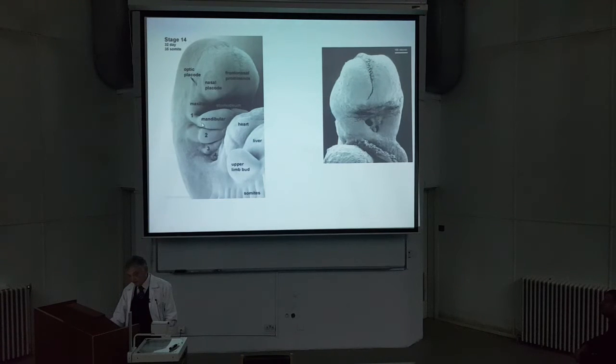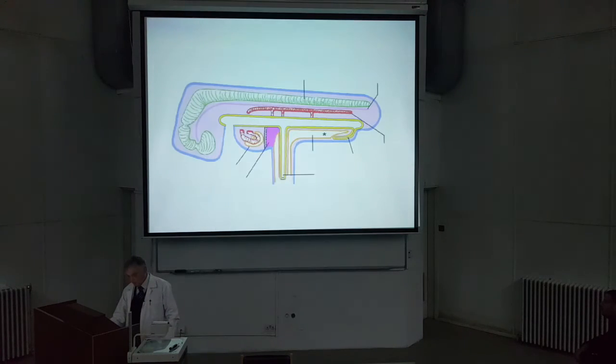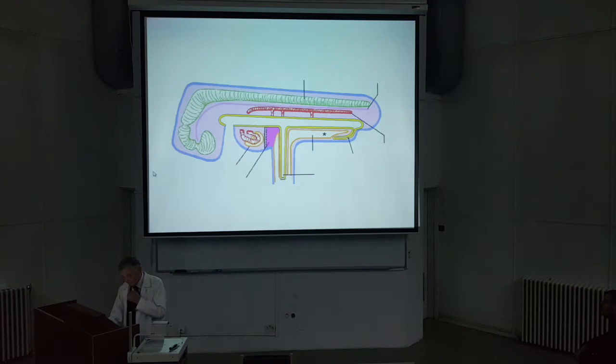Pharyngeal part of the foregut will be discussed with the development of head and neck. And here is the cloacal membrane, the last part of the gastrointestinal tube, which is going to be blocked by a membrane. If you look at this drawing, this is the brain, this is the mouth, this is the heart.